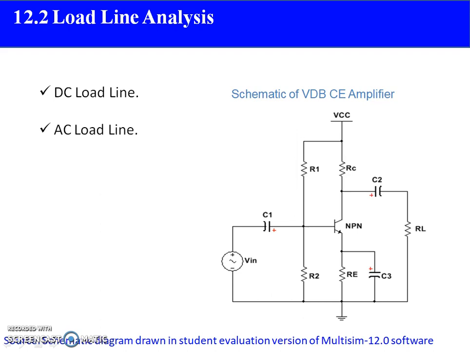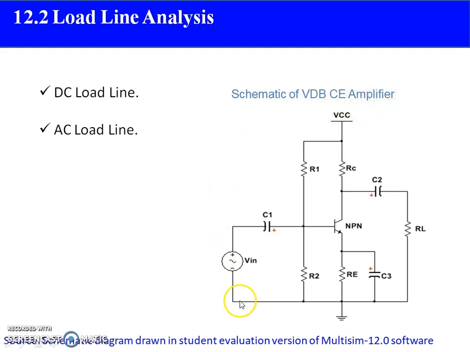So before further discussion about this amplifier operation, first of all, we need to discuss how to plot a load line of the configuration. Over here, the configuration shown to you is a voltage divider bias common emitter amplifier.